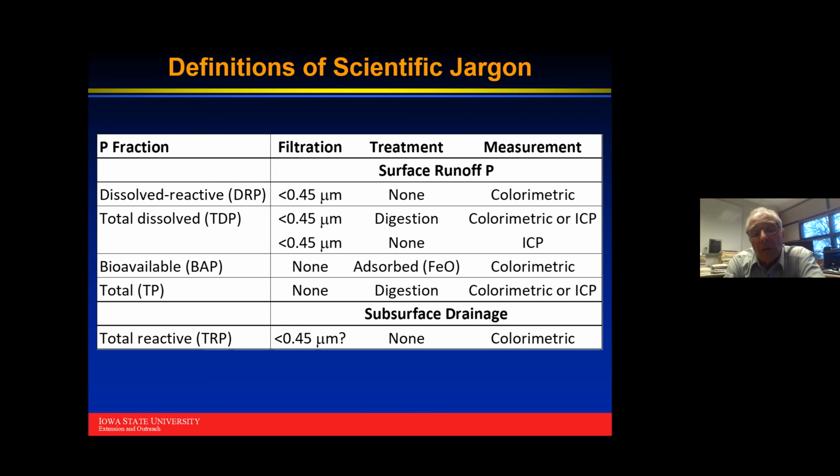Then we have total dissolved P, which is additional phosphorus, and the measurement is also after filtering through a very fine filter. But the old method was with digestion. After filtering, do a strong acid or alkaline digestion, and then measure with either a colorimetric method or with ICP.